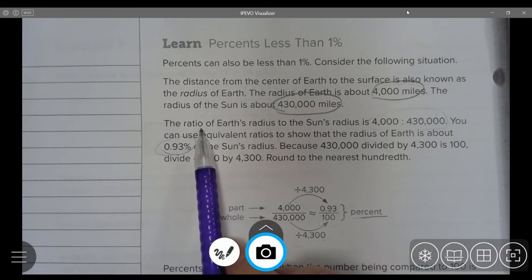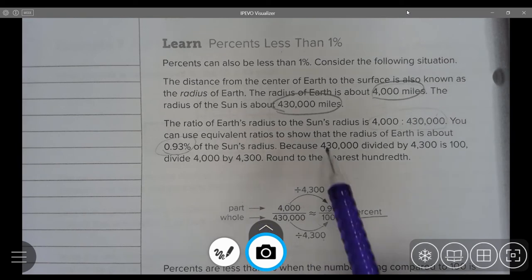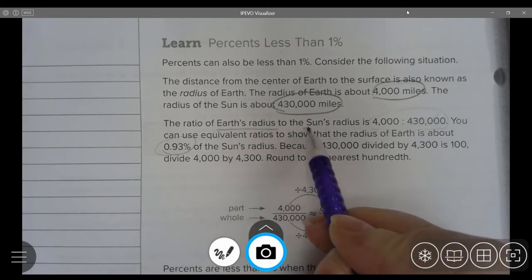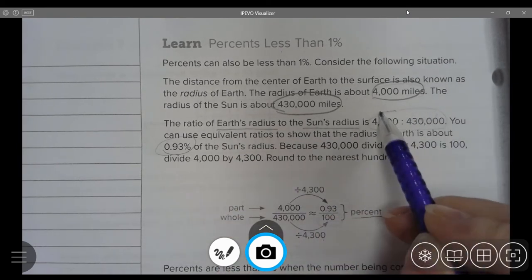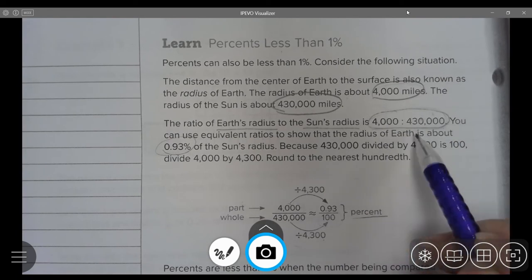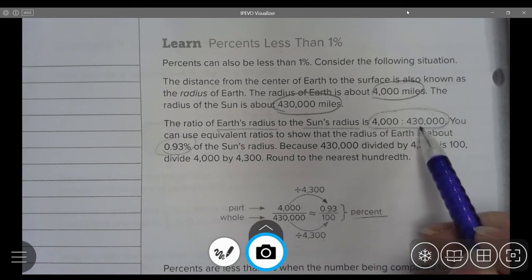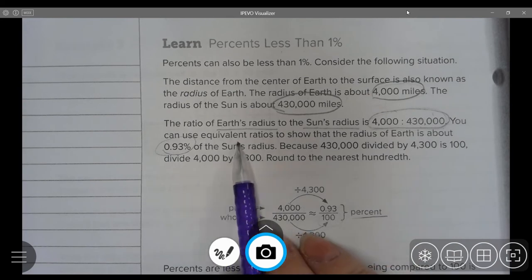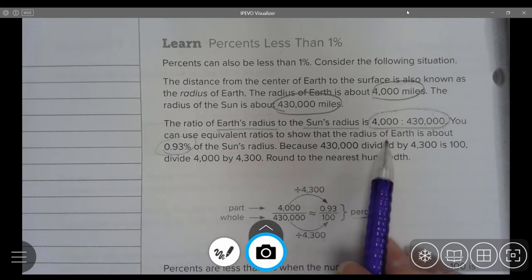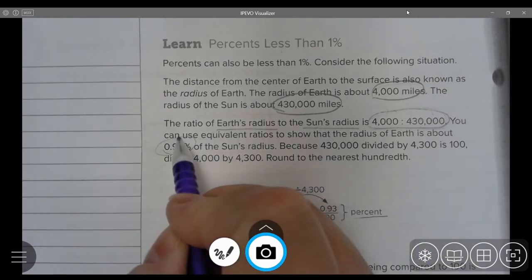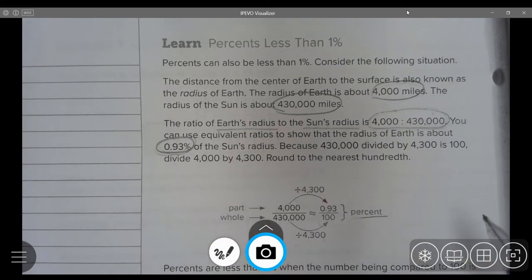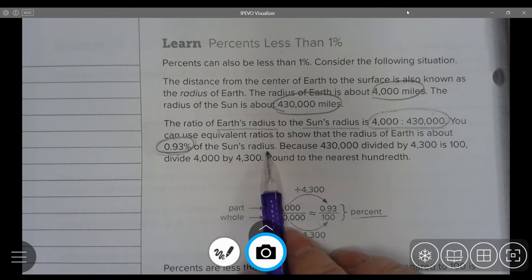The ratio of the Earth's radius to the Sun's radius is 4,000 to 430,000. You can use equivalent ratios to show that the radius of the Earth is about 93 hundredths of a percent of the Sun's radius.